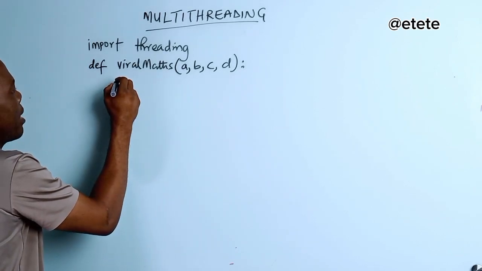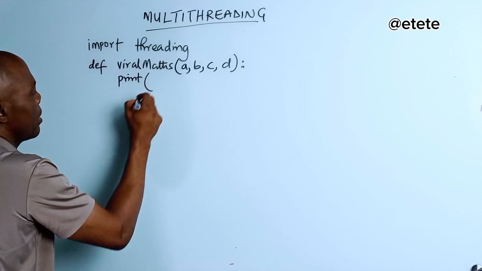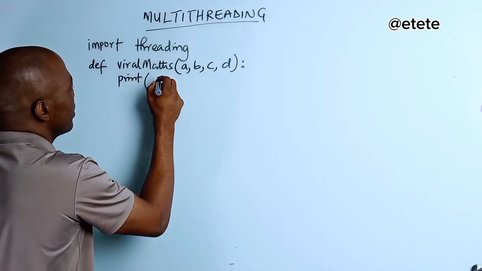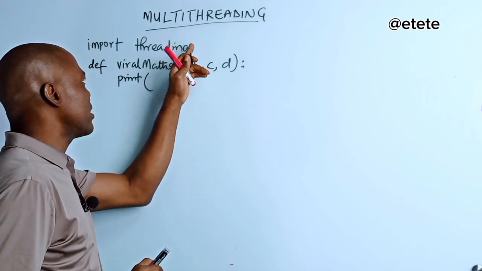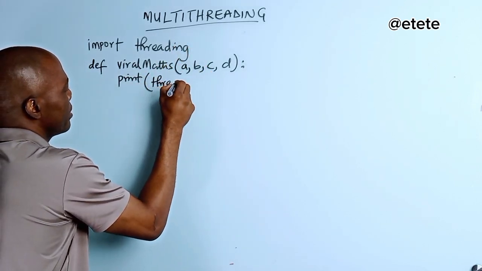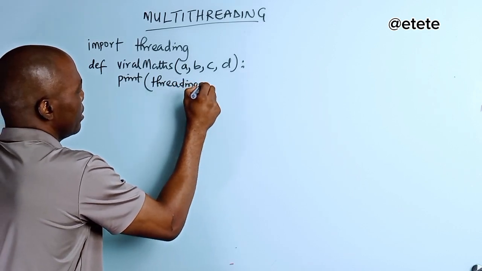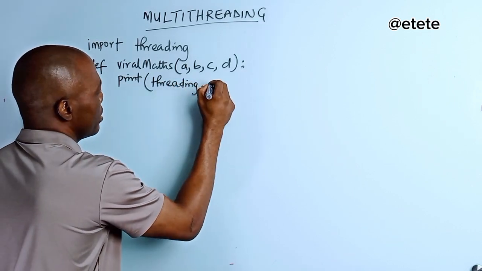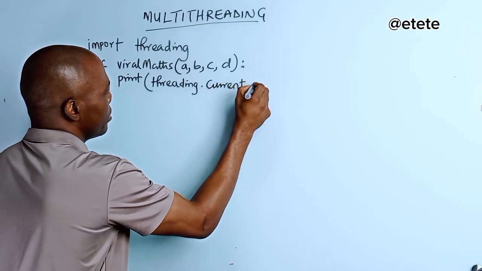So I will say print, I want to call the current thread inside this threading module. So threading.current_thread.